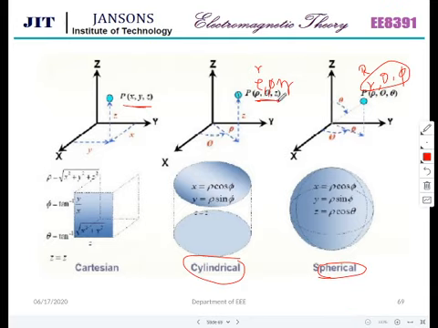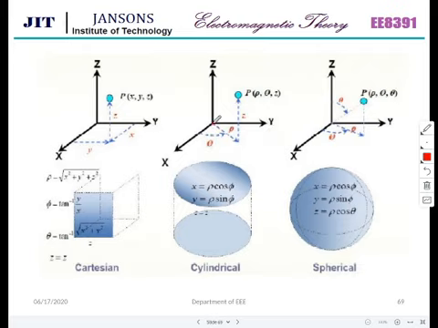So how should we represent this? As in the Cartesian coordinate system, a point is taken at the origin and moved rho distance along the x-axis. Since I normally follow small r, this is rho distance.